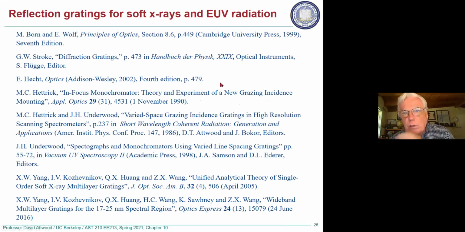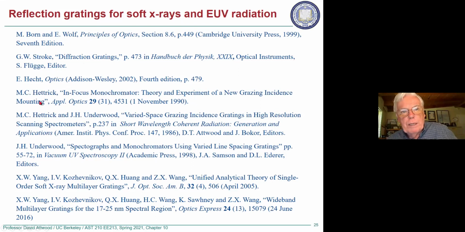In case I haven't told you about it, this book by Hecht on optics, I don't know what version it's in now. It's a very, very popular book because it has such great diagrams and great explanation, and it doesn't overdo the mathematics any more than it has to. And then Born and Wolf is one of the Bibles, and George Stroke has a relatively long article, but still.